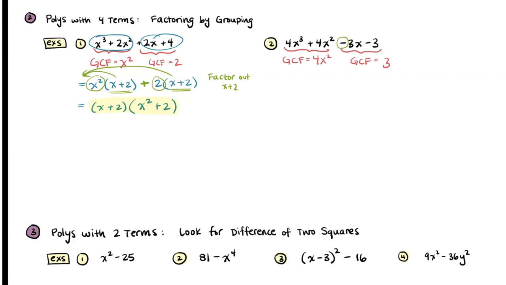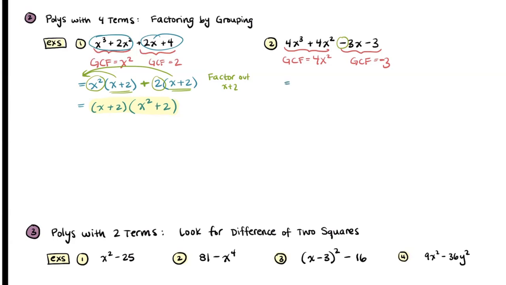So what you want to do is include the negative sign in your GCF whenever the sign in front of the third term is a negative sign. So we're going to include the minus with the 3. You'll see what happens when we factor it out and why that's helpful.